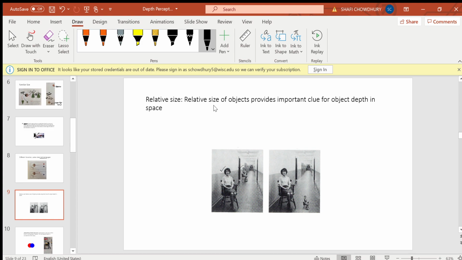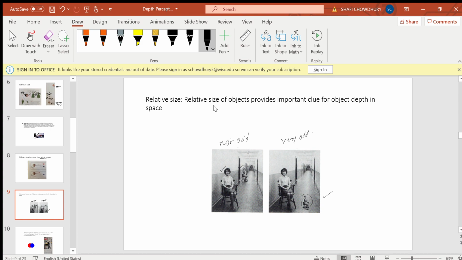However, this one doesn't look odd. This one looks very odd. Why? Because this is unfamiliar. We don't think that this makes sense, but this makes sense, and this is usual.